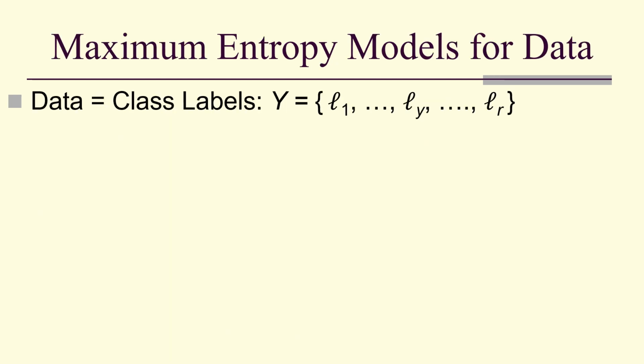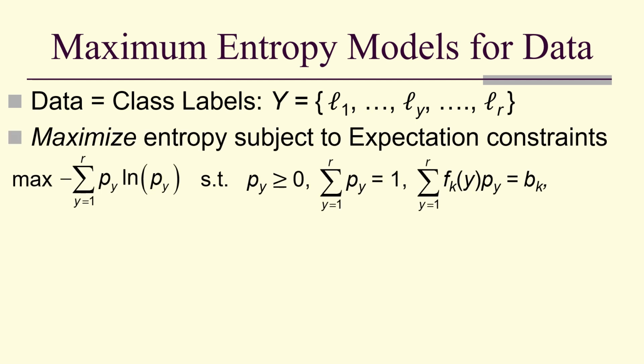So suppose we have our data as some kind of class labels, and we want to maximize entropy subject to expectation constraints of this form. Here k equals 1 corresponds to our sum of the probabilities equals 1, so that means our b1 is just 1.